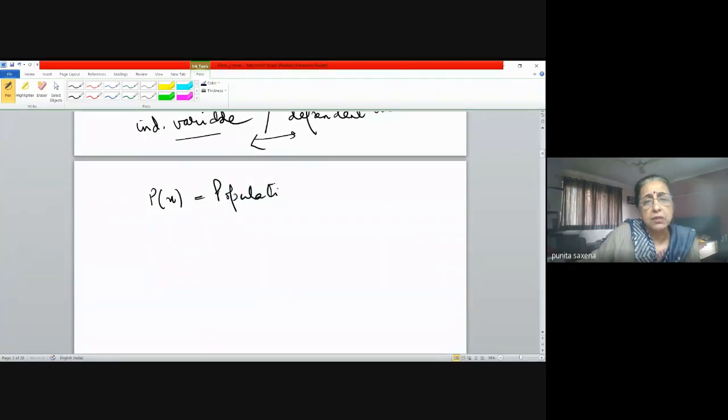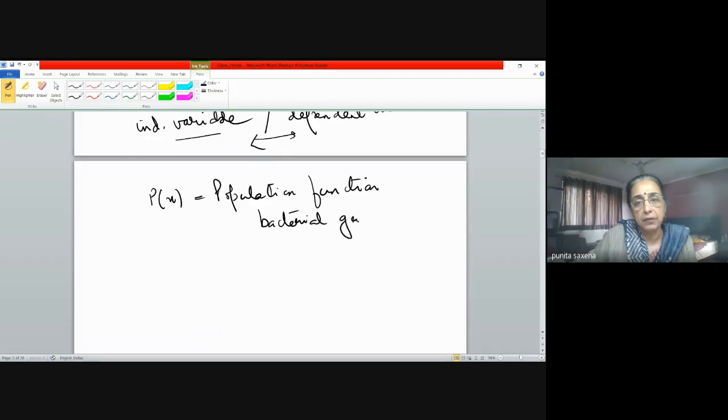Say I have a situation in a lab where some bacterial growth is being studied. I have a petri dish where I have grown some bacteria, and I'm studying the pattern which this bacteria is following for its growth.